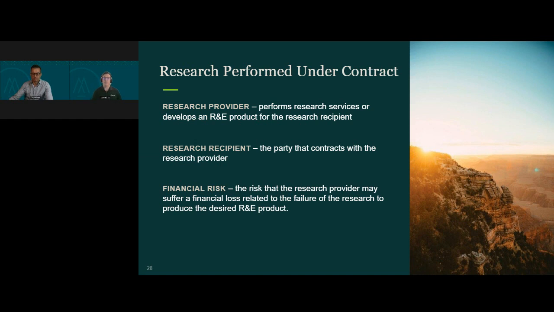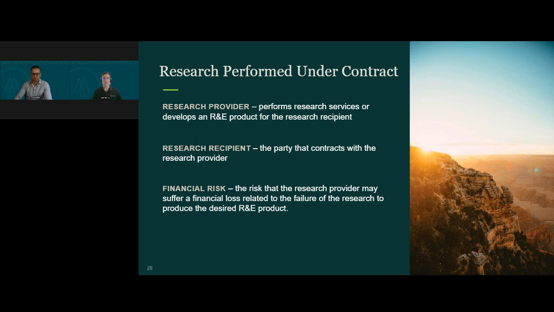So this is going to be the entity that is directly engaging in the R&E activities and is contracted by the research recipient for such R&E. As alluded to, the research recipient is the entity that contracts with the research provider for the R&E to be performed. Both parties to the agreements would need to evaluate whether their costs are applicable for Section 174 separately, and they could be both needing to capitalize the costs for the same R&E product.